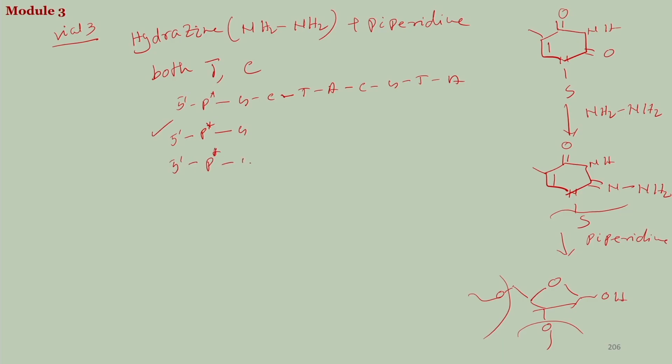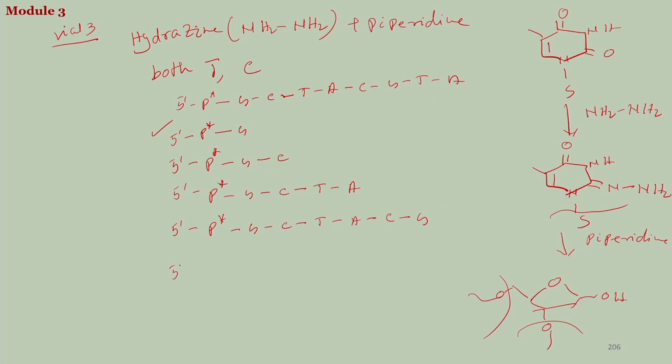P, G, C, it will cleave the T also, done. G, C, T, A, another C is coming, it will stop here. G, C, T, A, C, G, T is coming next, so it will stop there, and that is basically it, you will not have any other.